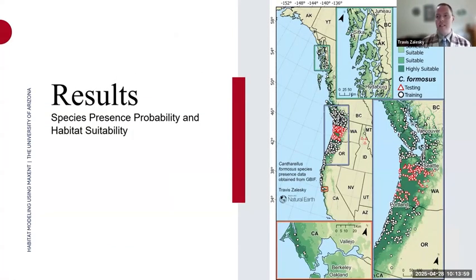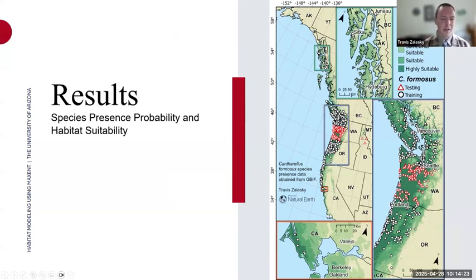So after all of that setup and model optimization, you've run your model and you've gotten your results. The default MaxEnt output is a continuous species probability value, but I have simply reclassified those results into 5 discrete classes of habitat suitability for visual clarity.